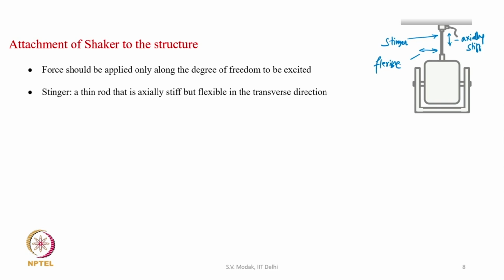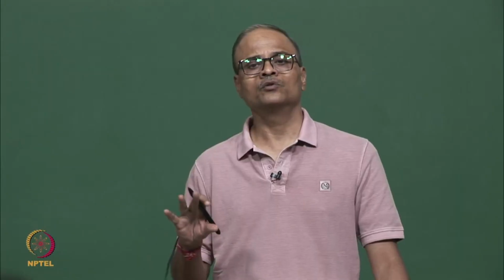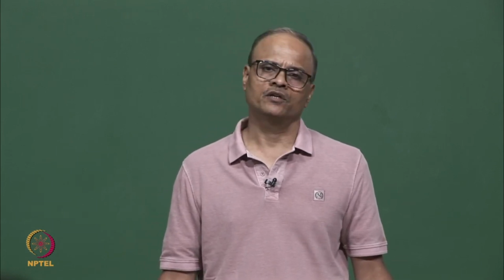So the structure can move perpendicular to the stinger, and it can also occupy any slope that it wants at that point. That is how we can ensure that the force is applied by the shaker only along the axis of vibration of the shaker, at the point of attachment.